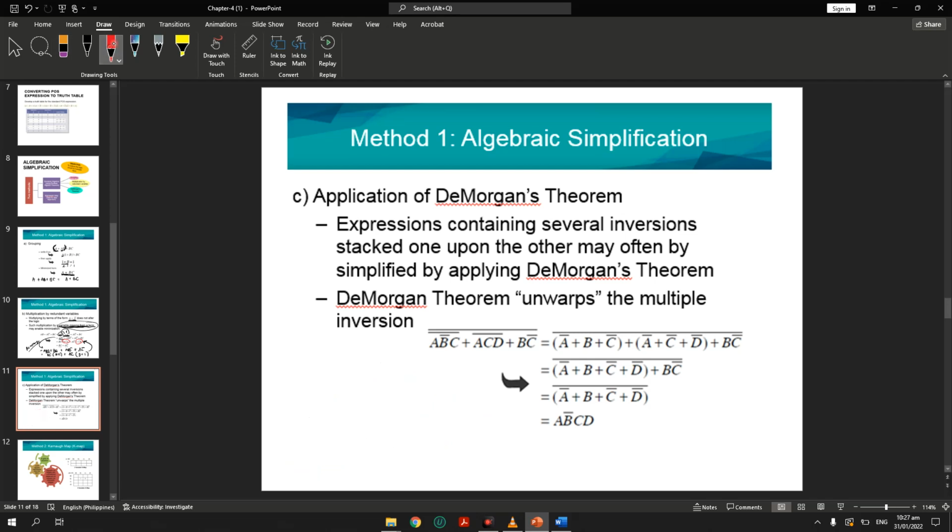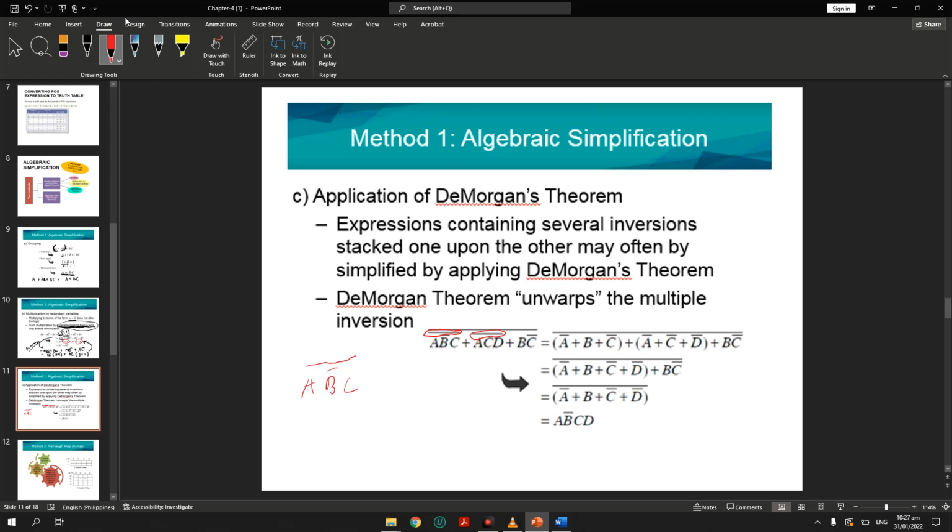So first, let's consider the first bar here, the one that is below the longest bar. We will consider these two bars. So what is the rule? If you want to break the bar, you change the sign. So first, let us consider the A, B complement C. Then this term is being complemented.